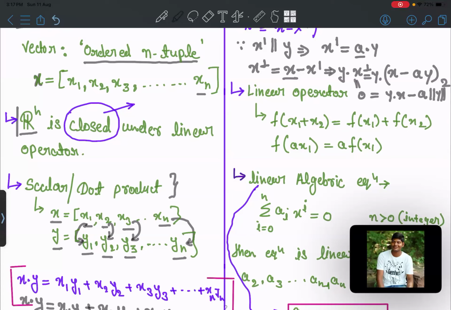Maybe I'm going in the wrong direction, so let me erase. Maybe it will be better if I do this on a new page, so let me add one more page.